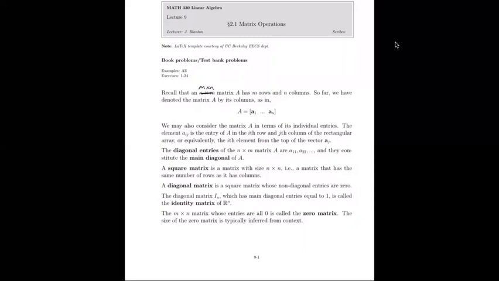It looks like a square more or less when you write the array down. So that's where the name comes from. Next, a diagonal matrix is a square matrix whose non-diagonal entries are 0. So anything that is not A11 through Ann is equal to 0.